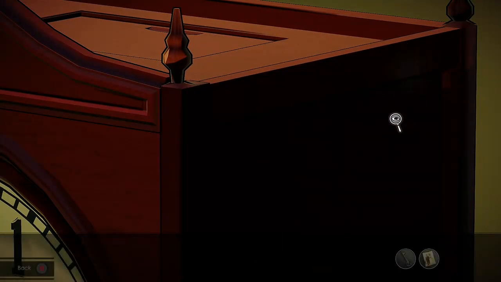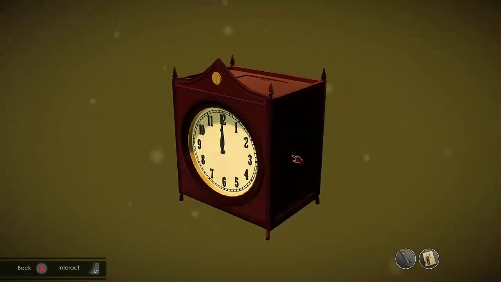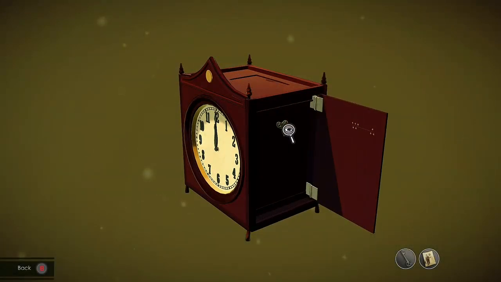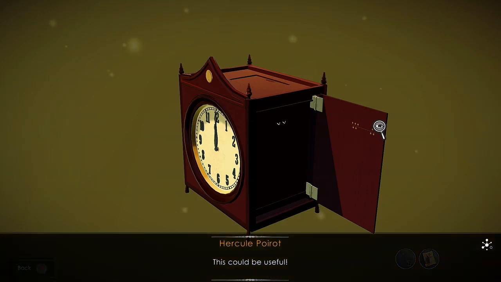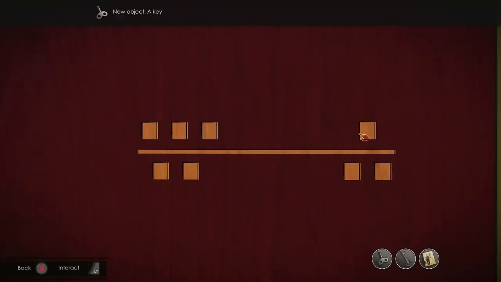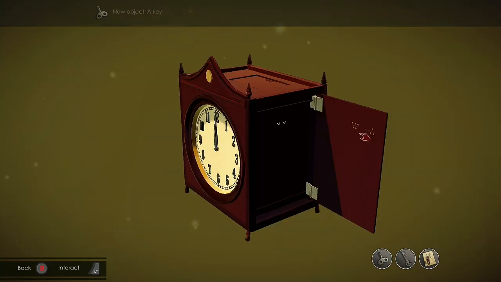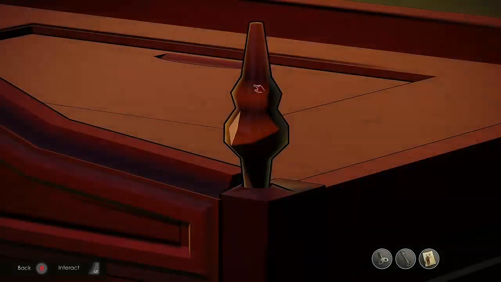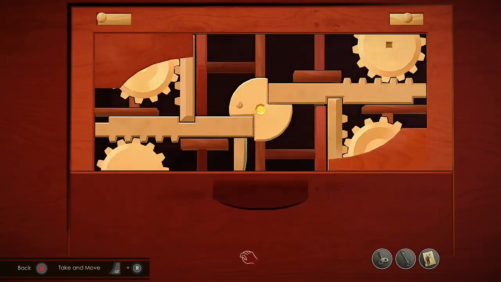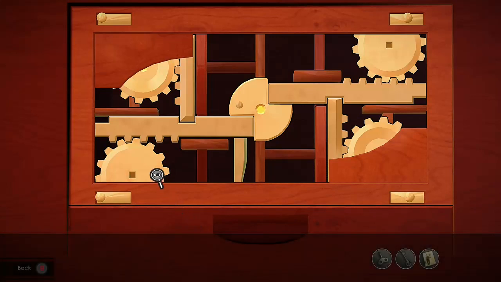It should be... Pop. Look, a key. This could be useful. What a strange mechanism.